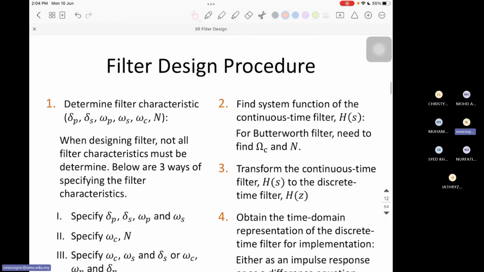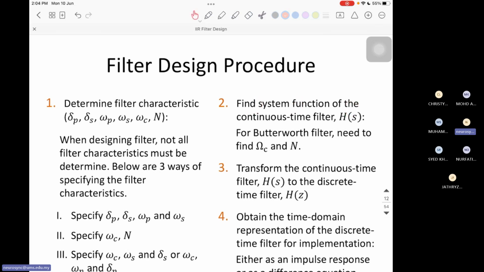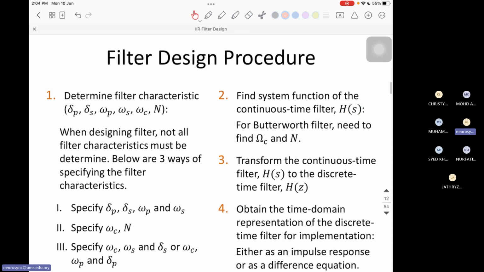Then the second step is to find the system function of the continuous time filter. The continuous time filter is represented with H of S. S is basically for the continuous time and Z is for the discrete time.